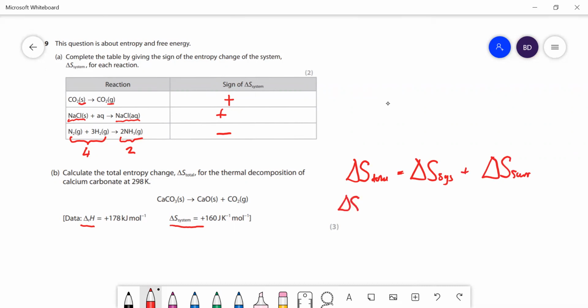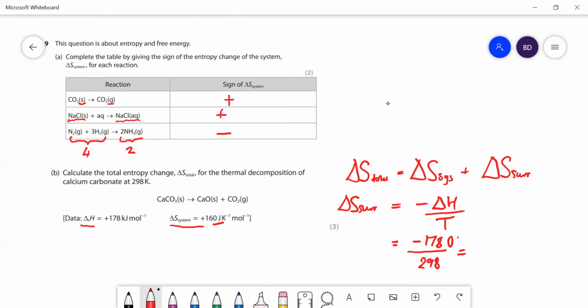Delta S of the surroundings is given by negative delta H of the reaction divided by the absolute temperature. In this case, delta H is plus 178, so that's going to be minus 178 over the temperature, and the temperature is 298 Kelvin. Actually I need to be careful here, because delta S here is in joules, so we should convert delta H from kilojoules into joules.